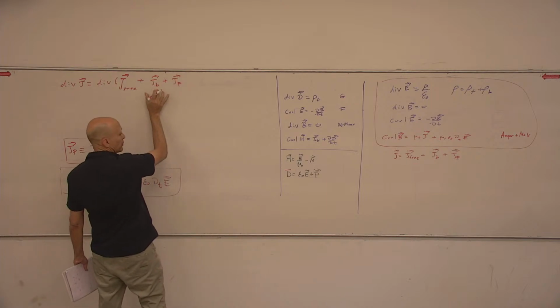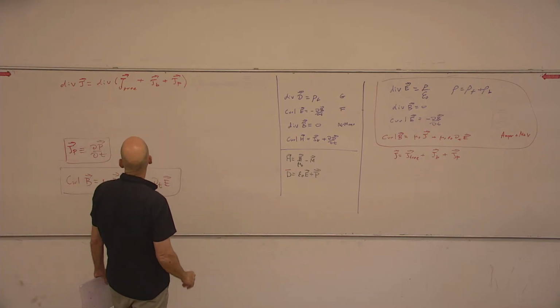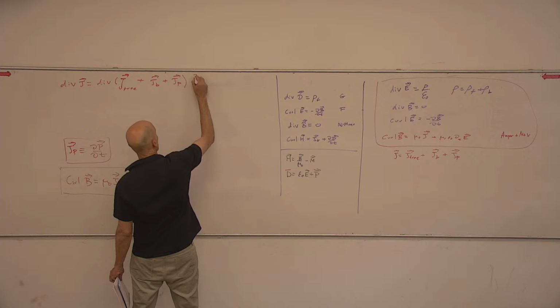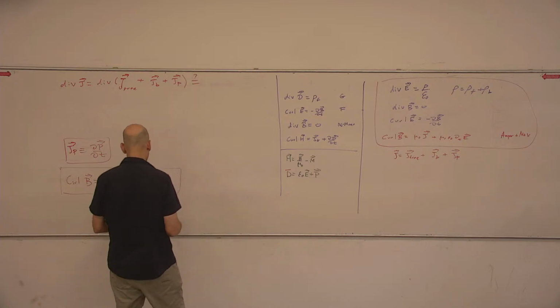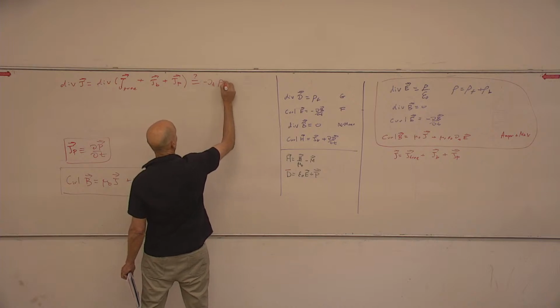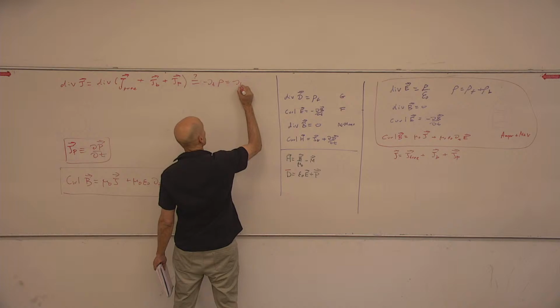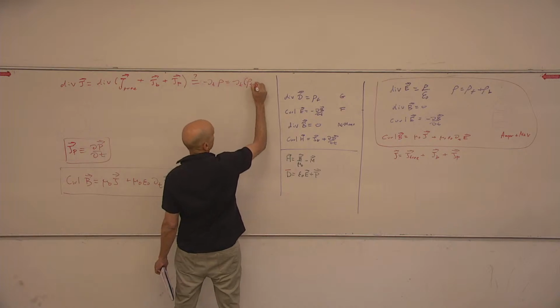Is this equal to minus d/dt rho, which is minus d/dt of rho free plus rho b?